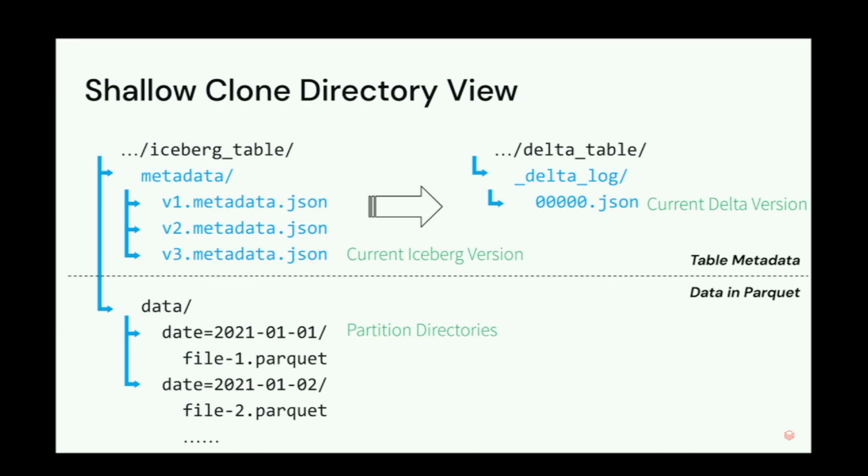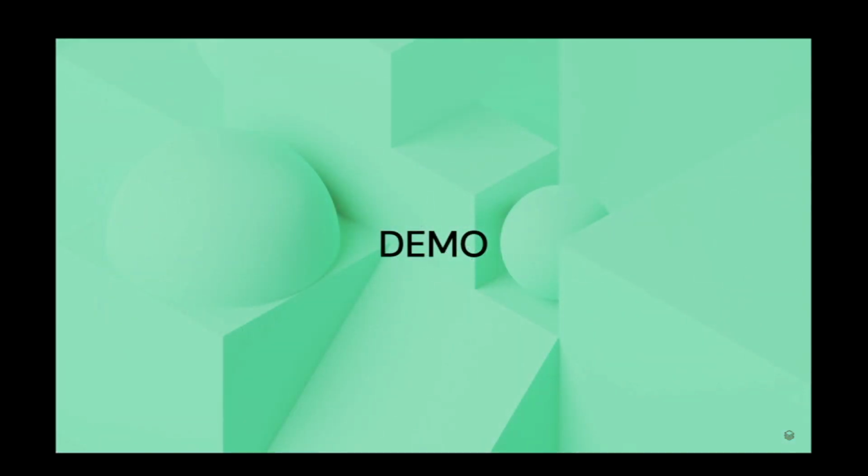And one thing I want to point out is that once the Delta tables start to evolve, the new data files will co-live with the Delta side of the metadata. So that's one of the differences between shallow clone and convert to Delta, how the new data files for Delta Lake will live. Okay, now I'm just going to hand it to Ming to show the demo, to show how fast we can actually do this migration and trial.